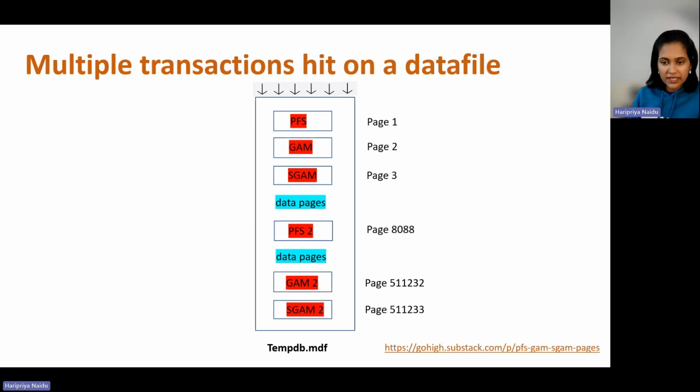If you are interested in reading about it, feel free to check the blog post I've written about what these three pages are, what they do, how many times they repeat in a data file, and many more things like that. But the key concept you have to understand is that when you have too many DML operations running, they need to acquire a latch onto these three pages, and that causes contention.